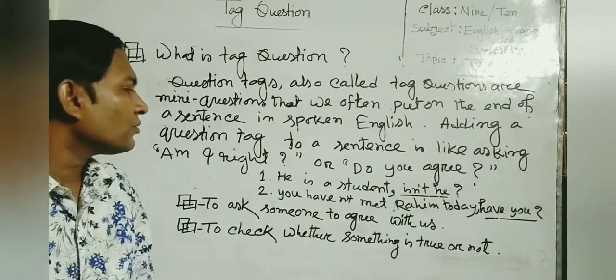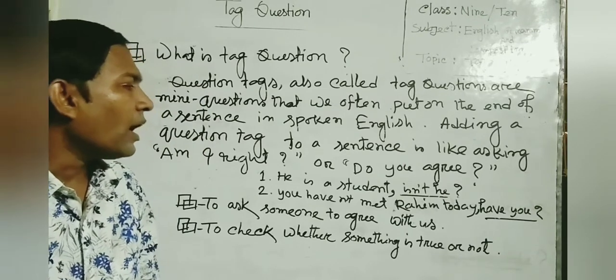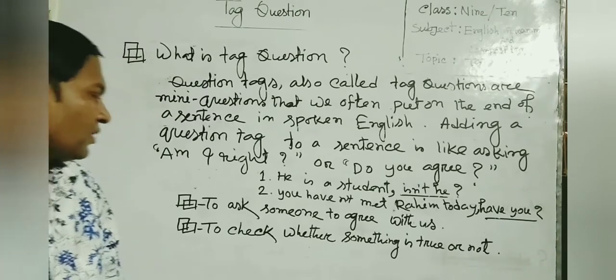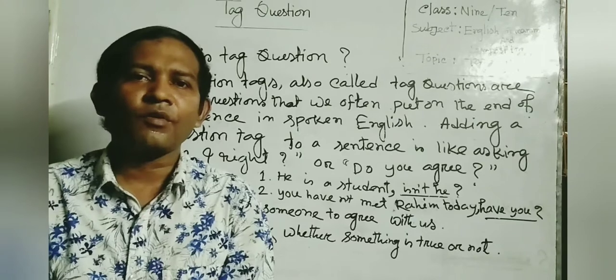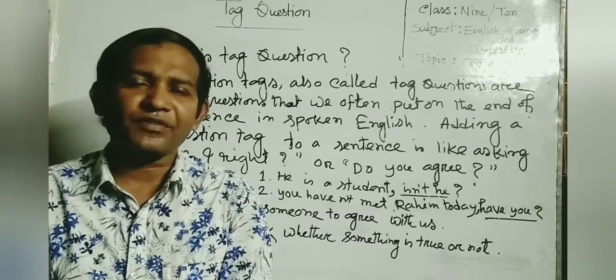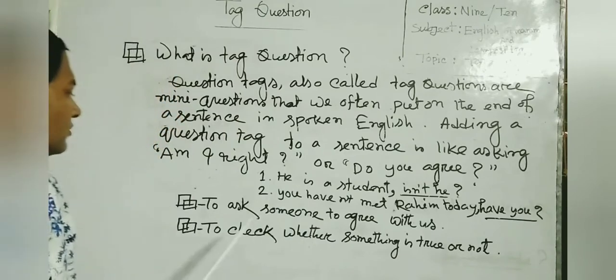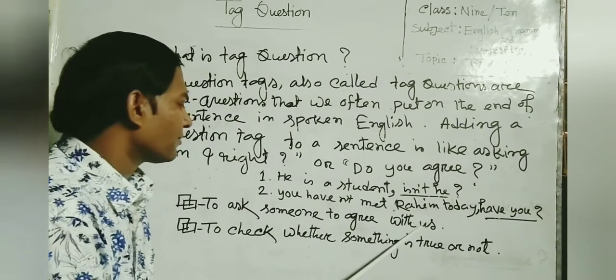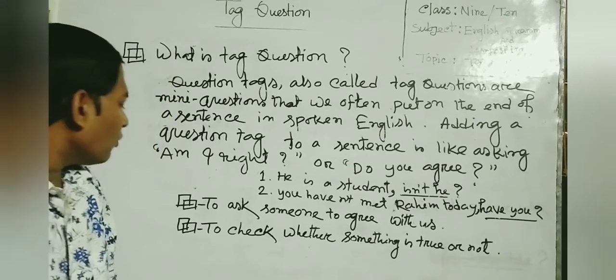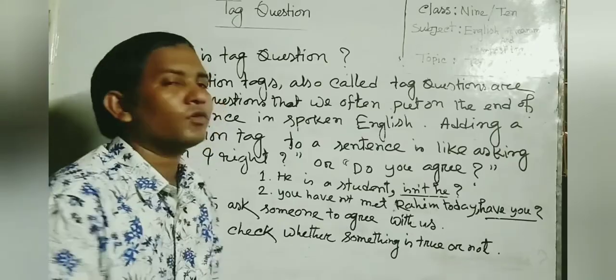In the examples, isn't he and have you are tag questions. Students, we use tag questions for two main purposes. Number one, to ask someone to agree with us. Number two, to check whether something is true or not.